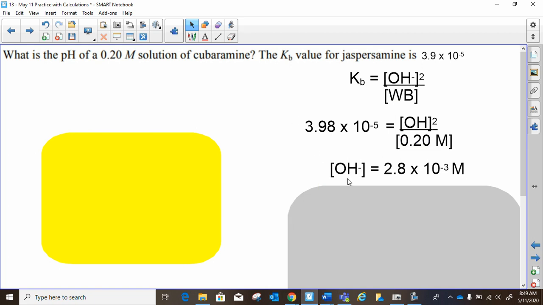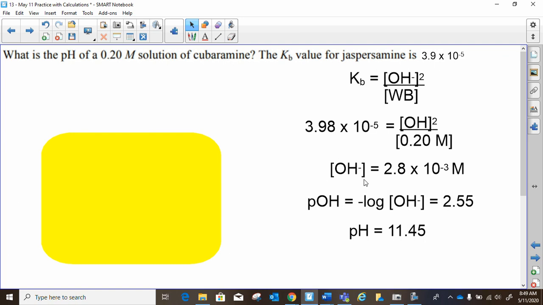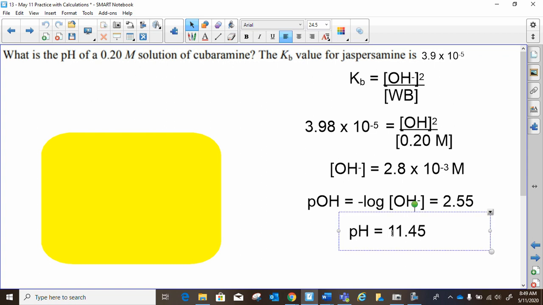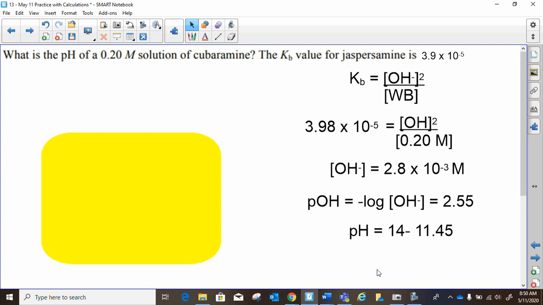So once you have that hydroxide, you have to find the negative log of it to get the POH and then subtract that from 14. Okay? Don't assume this is pH. Because we're dealing with a base, when we do all these calculations, we get the POH.